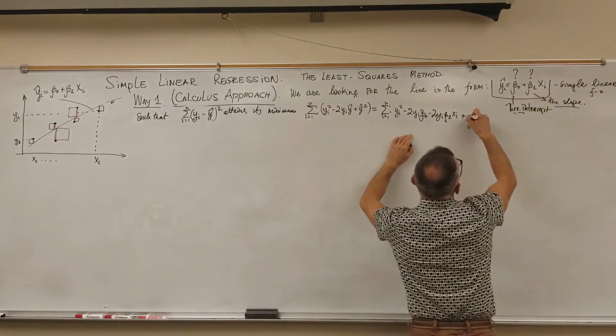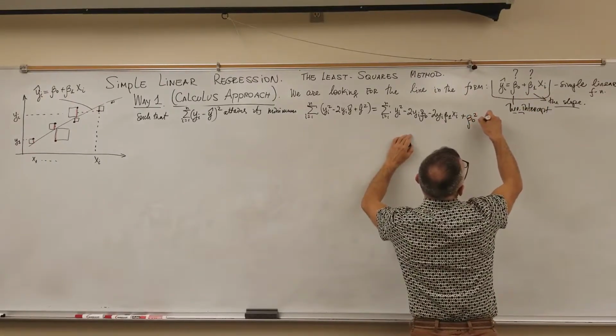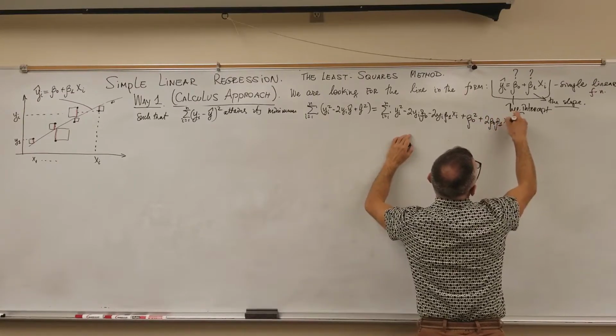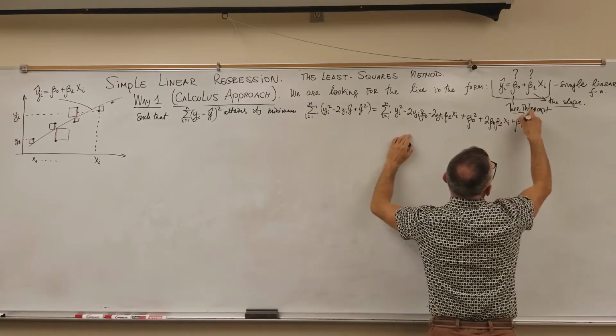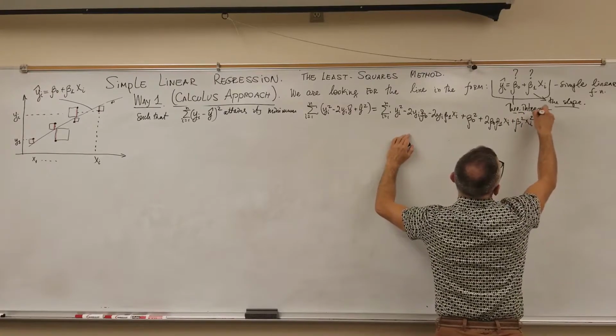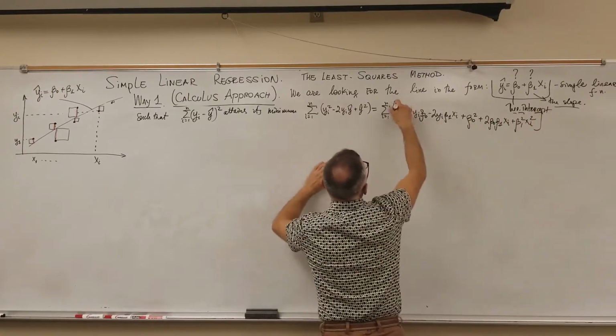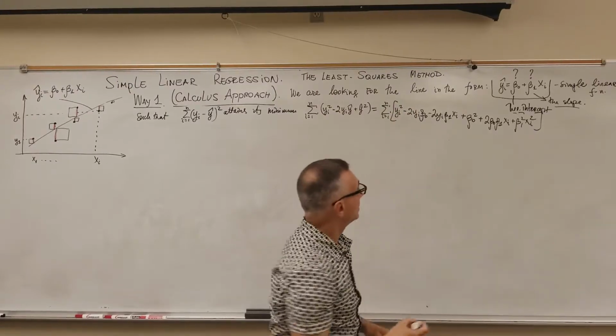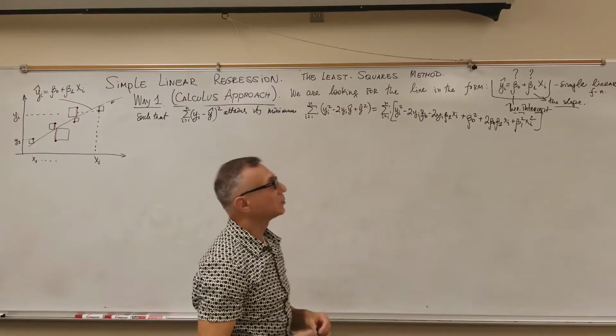So it will be beta 0 squared plus 2 beta 0 beta 1 xi plus beta 1 squared xi squared. This whole sum of that expression attains its minimum. This is what I'm looking for.